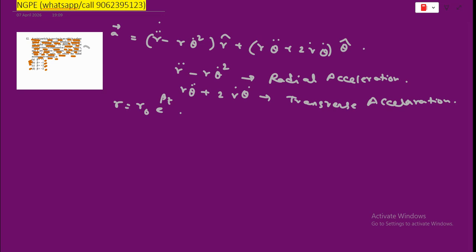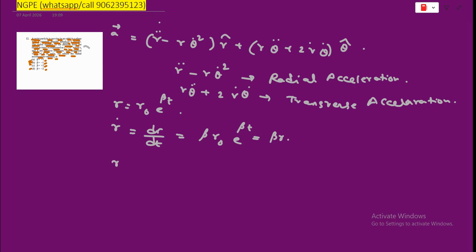right? Now to find the radial acceleration, we need the second derivative. So let's do the calculus. So first derivative, right?